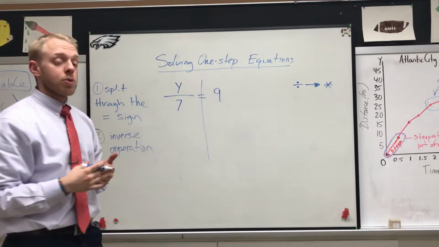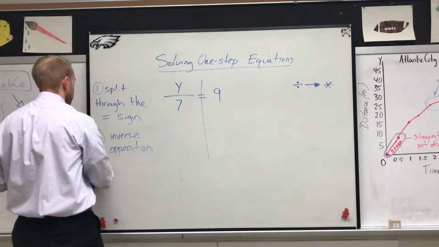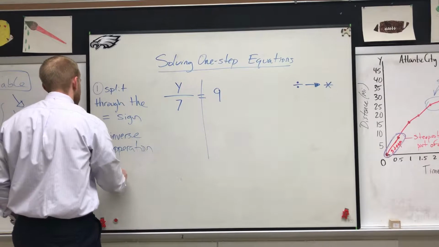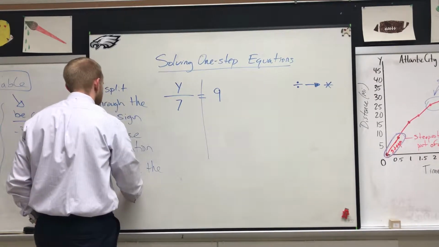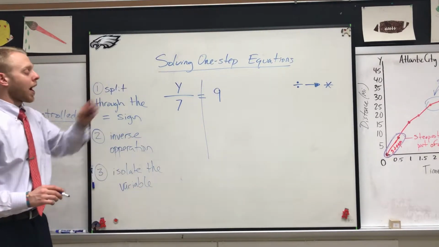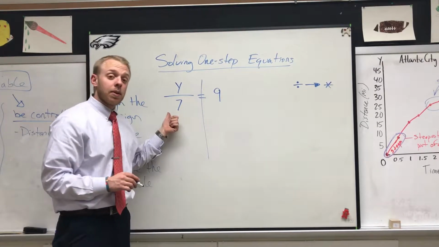So I know I need to use multiplication, and now I'm thinking of my other vocabulary term, which is our 3rd step. That is going to be to isolate the variable, which in this case is going to be the letter y. The only way I can get that y by itself is I need to get rid of my 7.